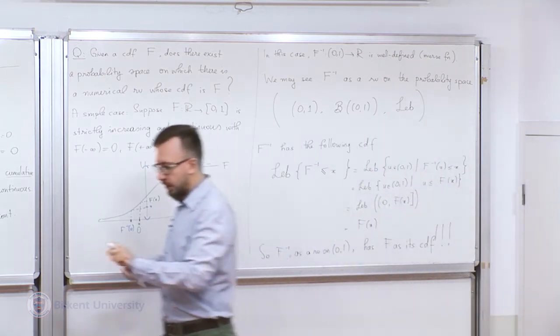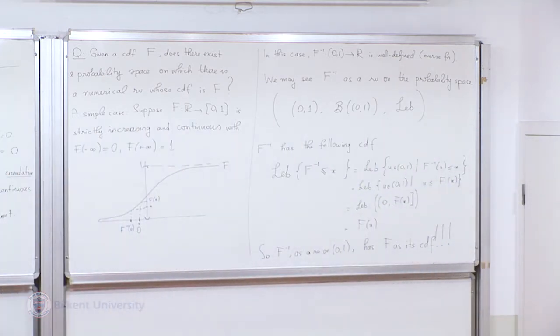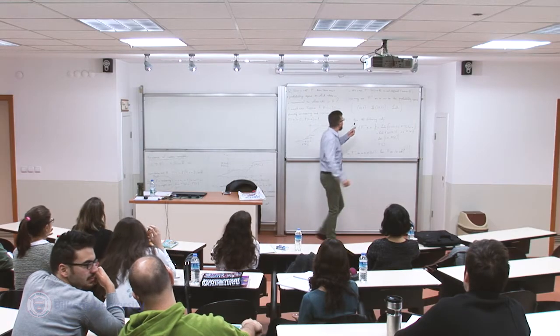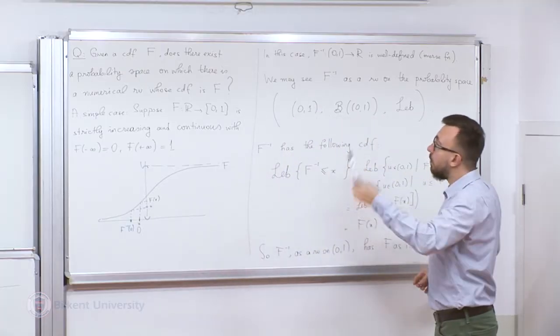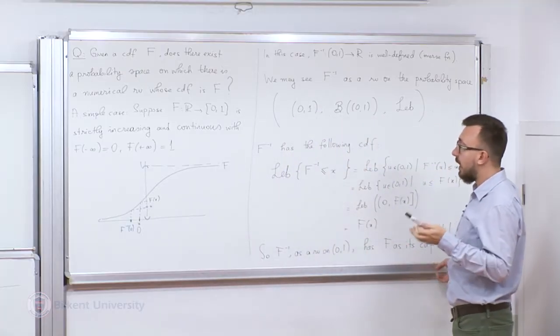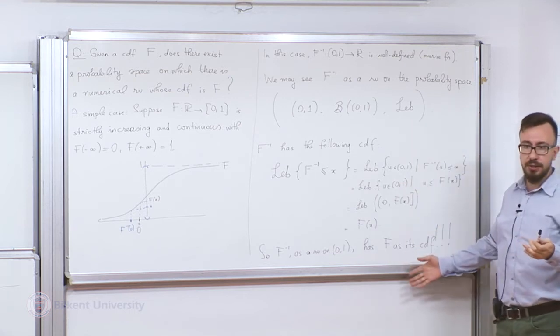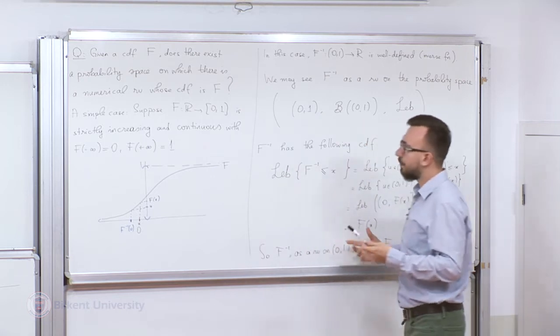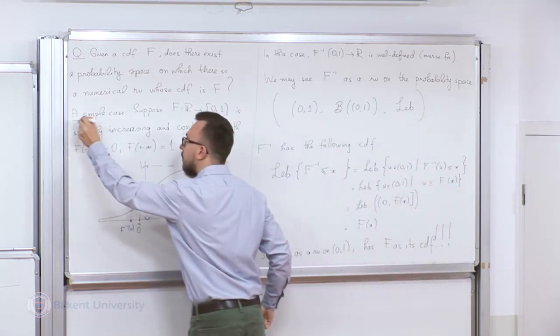This is the motivation, or this is the easy case, right, where you have an inverse function. So at least in the case where the given cumulative distribution function is strictly increasing and continuous, we answered the question, right? We already answered this question in the simple case.